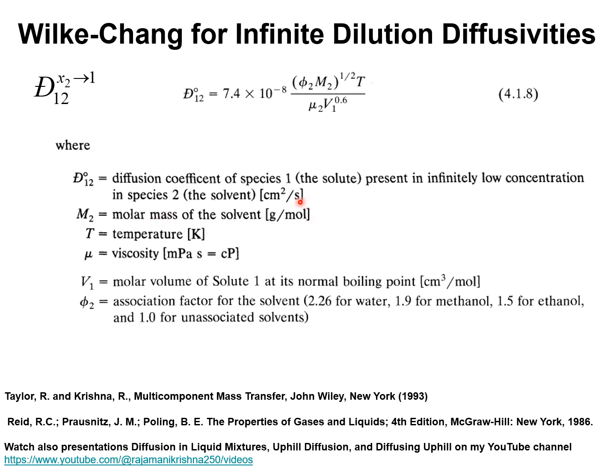This is a correlation which is dimensional. In other words, the diffusivity values are in the units of square centimeters per second. It's a constant, 7.4 times 10 to the minus 8.